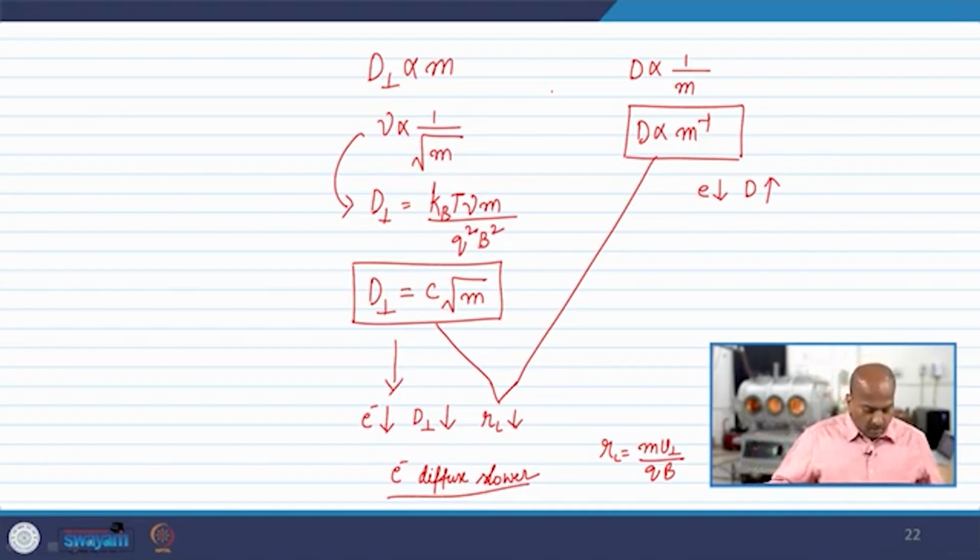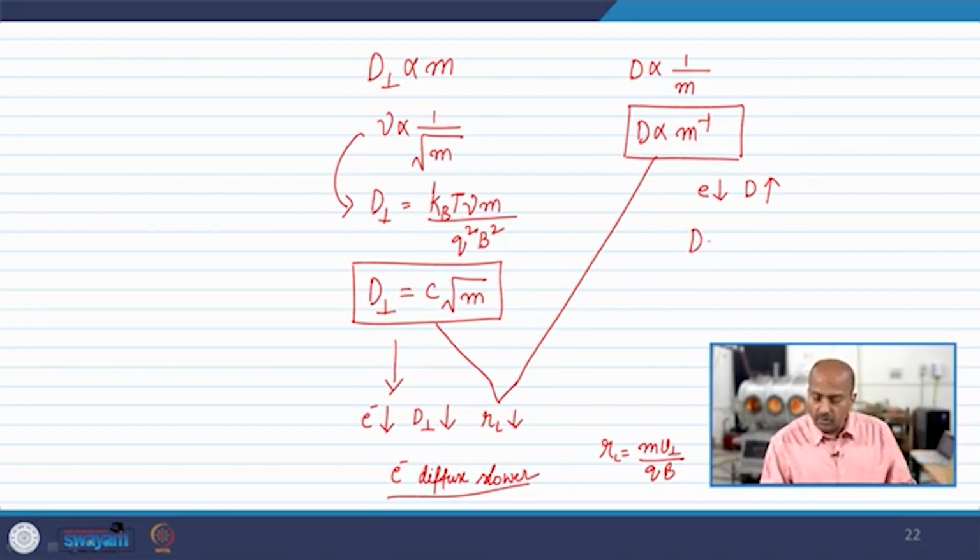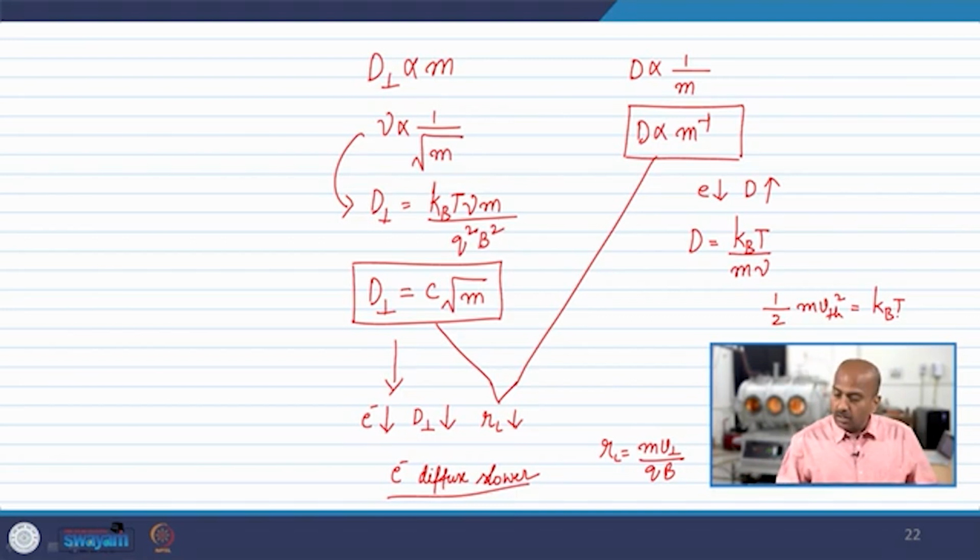So, in the absence of collisions, in the absence of magnetic field, we have seen the diffusion coefficient is proportional to the inverse of mass. So, we can write this diffusion coefficient as k_B T by m nu, right. So, we can say that half m v thermal square is equal to k_B T, or half k_B T for easy representation.